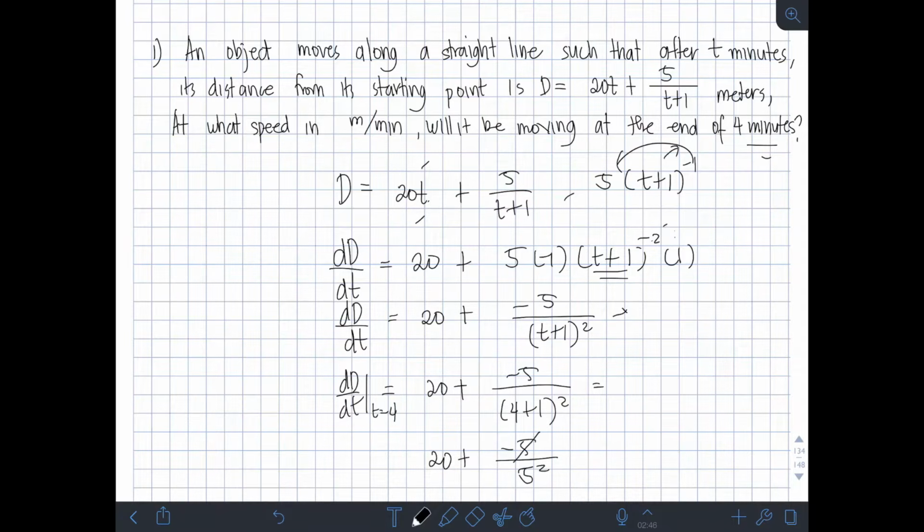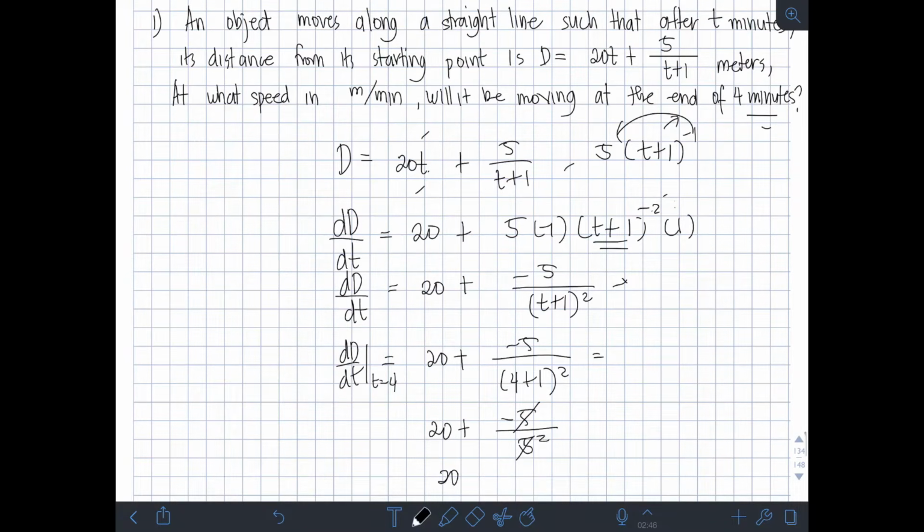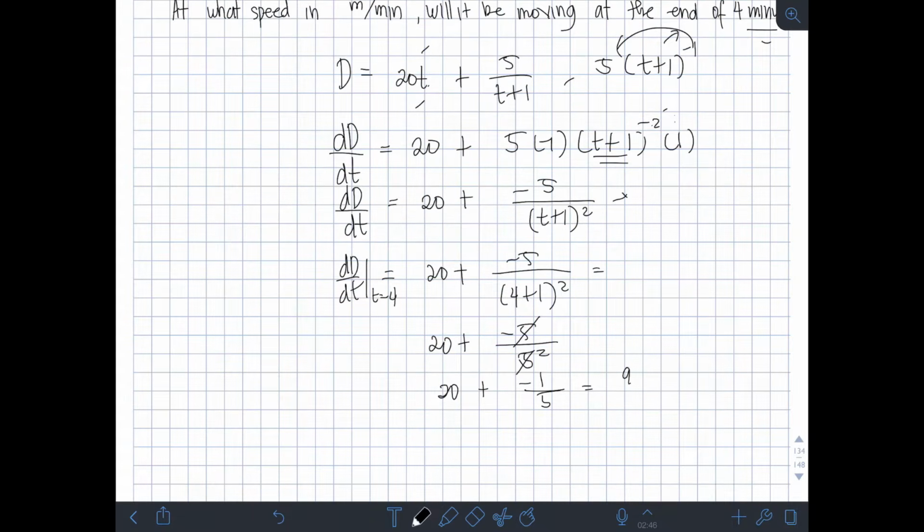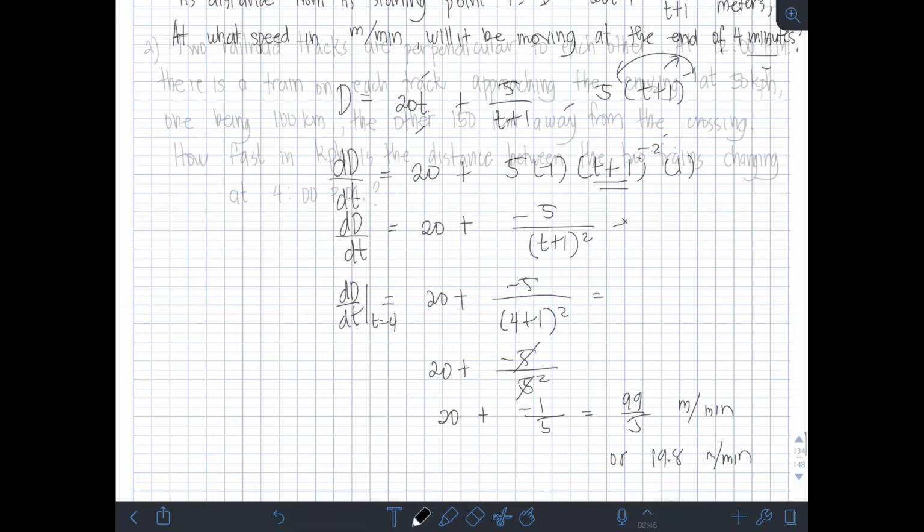So, cancel si 5. Magiging 20 plus negative 1 over 5. So, ano yung 20 plus negative 1 over 5? Or 20 minus 1/5, right? 99/5 meters per minute. Or in decimal lang to, 19.8 meters per minute. Okay?